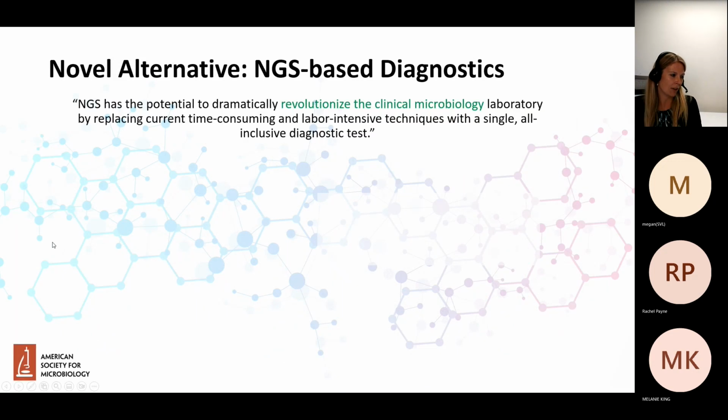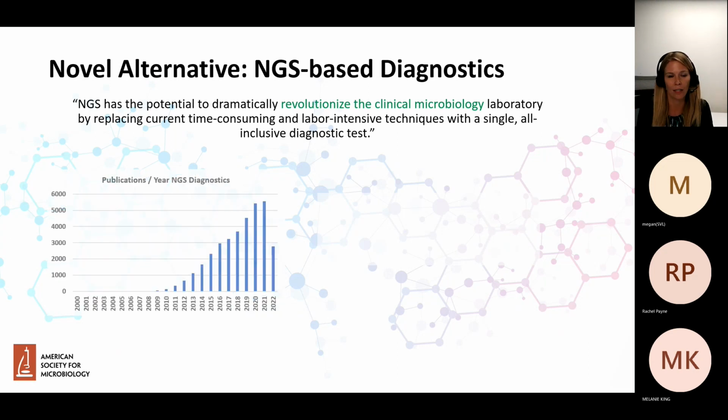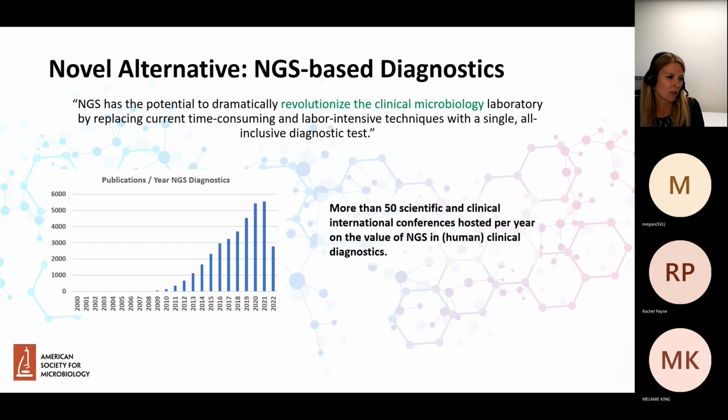And if you are familiar with the American Society for Microbiology, according to them, this type of testing has the potential to revolutionize clinical microbiology drastically because it is this single, all-inclusive diagnostic test. And if we just look at the body of literature that is coming out, specifically looking at NGS in clinical diagnostics and how it can be used, it really proves them right.